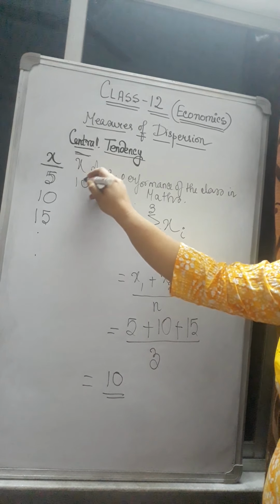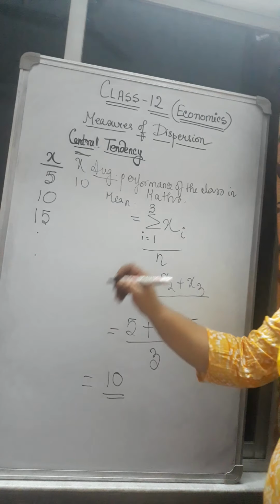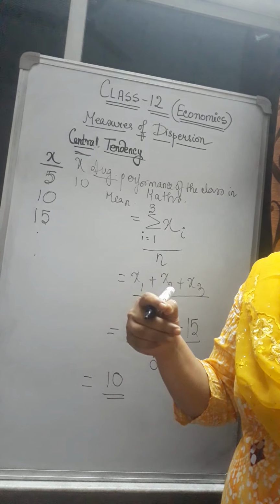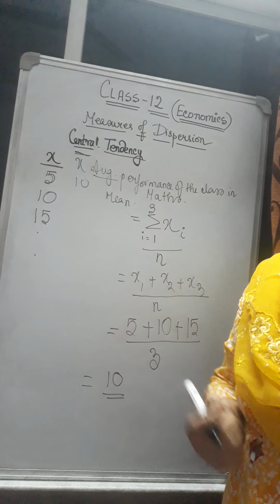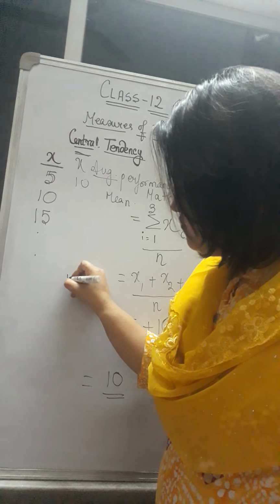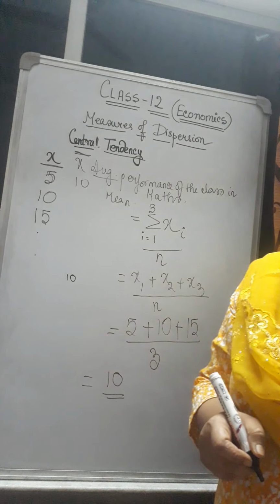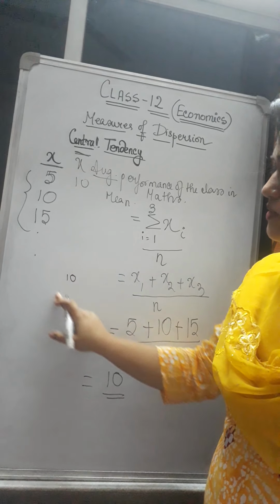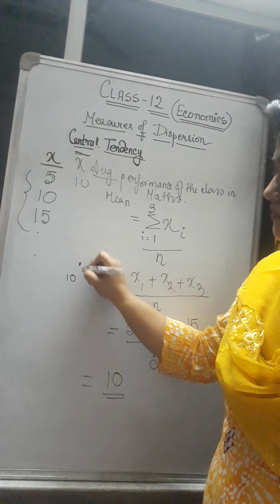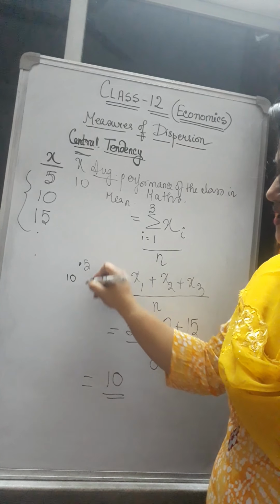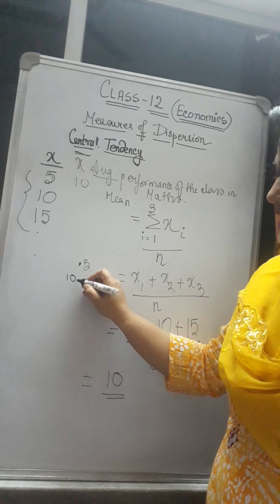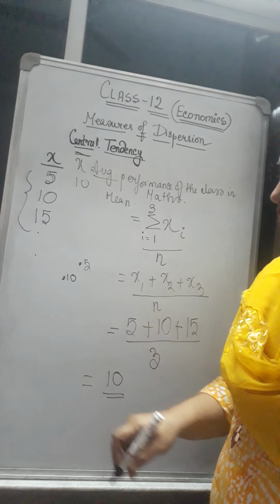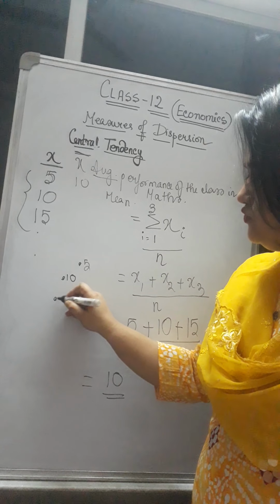Average is 10. That means almost all the students' performance is around this number, approximately close to this average number. What does it indicate? That all the 3 students' marks are around this value. So 5 is somewhere over here, 10, the second value, coincides with the average, and the third value is 15.